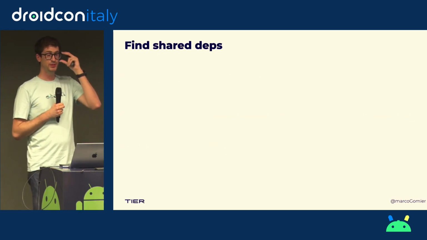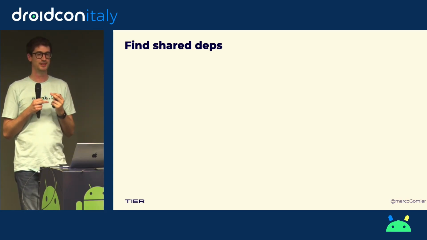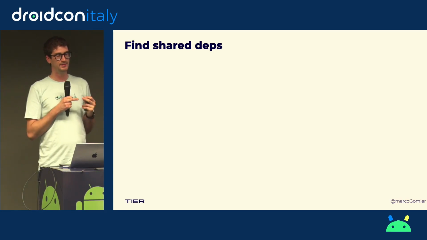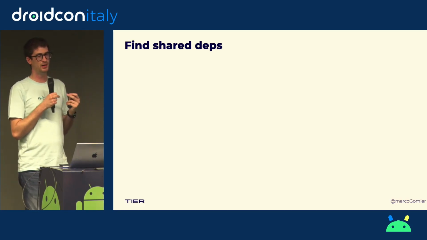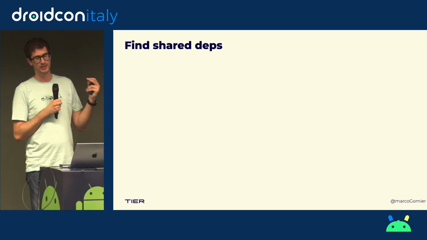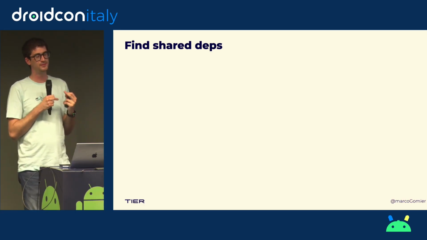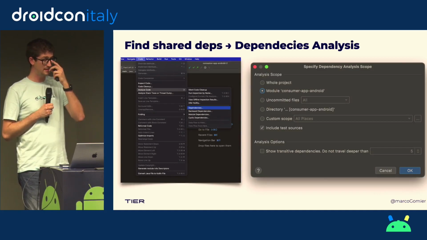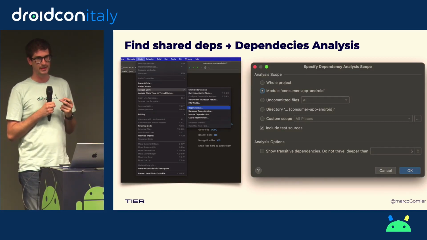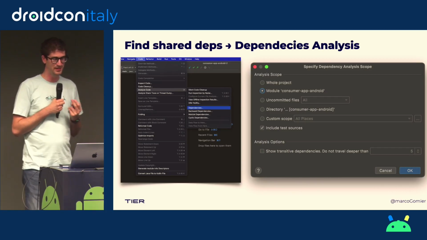The first thing that you need to do, when you start extracting stuff, is find which dependencies you are using that are shared with other modules. So in this case, shared from the application, because at that period we hadn't created the legacy module yet. In order to find that, you can go the hard way, so just move it and then find where the build fails.